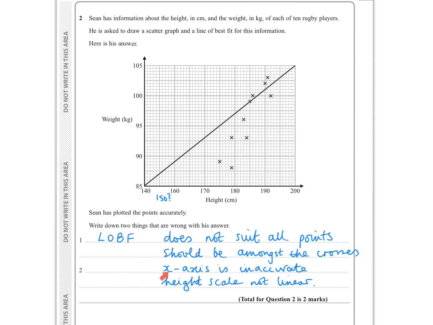So you could say the x-axis is inaccurate, or the height scale, because this is the height, it's not linear because it goes from 140 to 160, which is 20, and then a step of 10. So they're just a few of the things you can say that's wrong with his scatter graph. So that's question 2 sorted out.